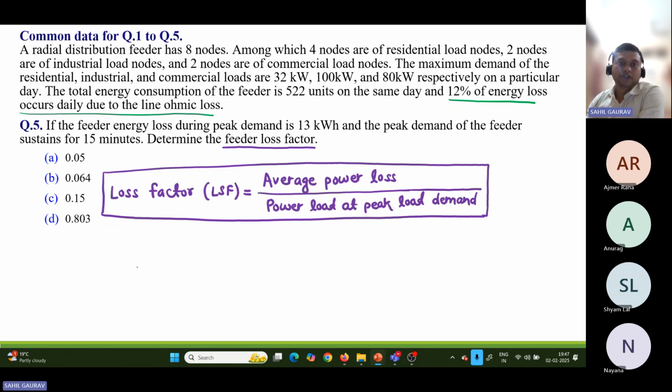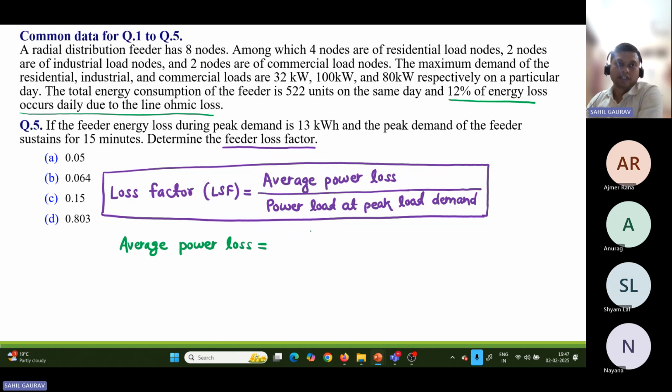So this is the energy loss. Therefore, we can find the average power loss by dividing it by the number of hours, that is 24 hours. Those who are getting the answer, you can type it in the chat box.